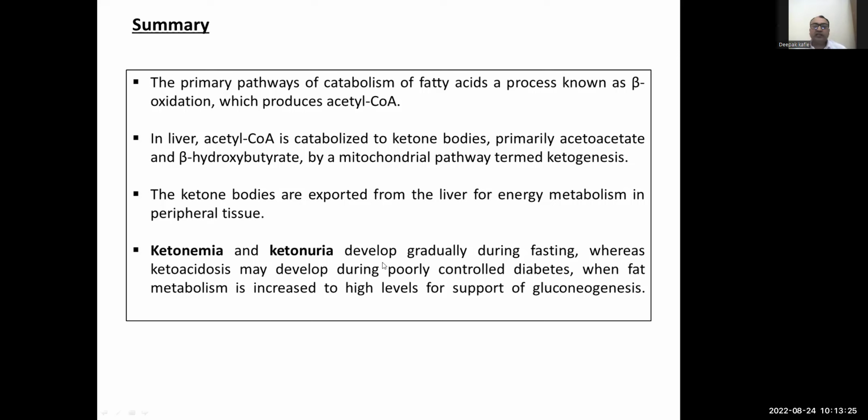The ketone bodies are exported from the liver for energy metabolism in the peripheral tissues, and ketonemia and ketonuria develop in starvation as well as in uncontrolled type 1 diabetes, and this leads to different clinical complications like hyperkalemia and a high anion gap metabolic acidosis.